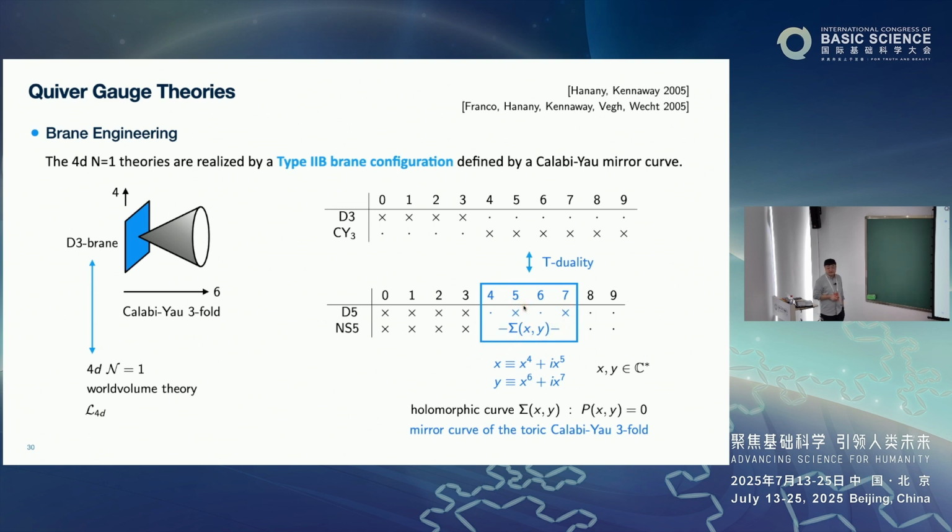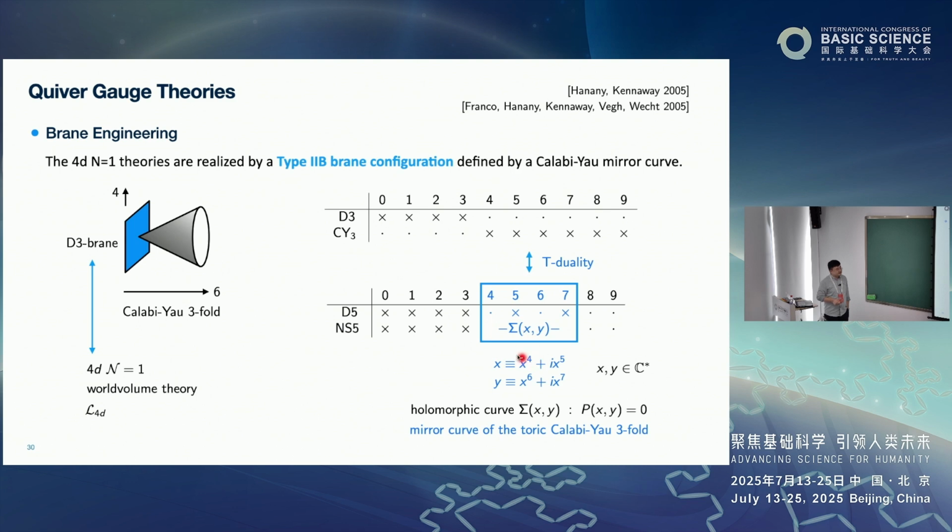This holomorphic curve is parameterized by 2 complex coordinates x and y, which are in C star. I can write down these 2 coordinates in terms of the 4 space-time directions, 4, 5, 6, and 7, in which the D5 and NS5 branes are meeting.